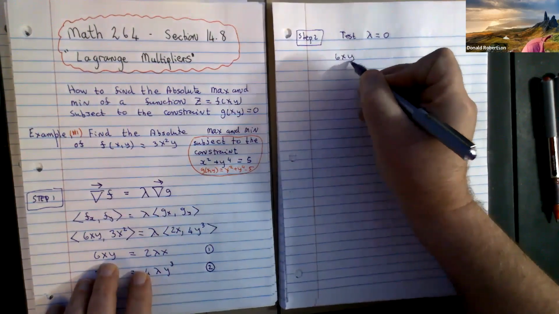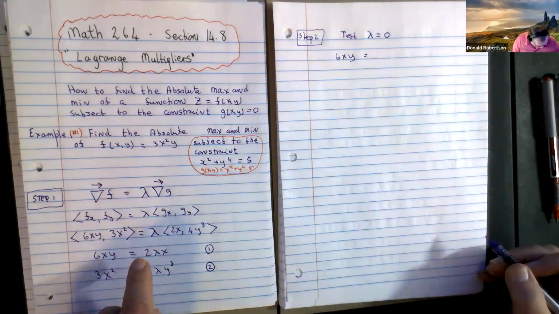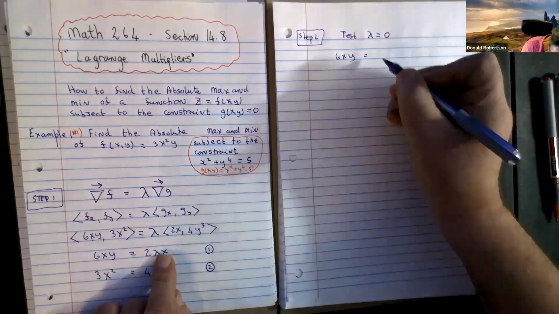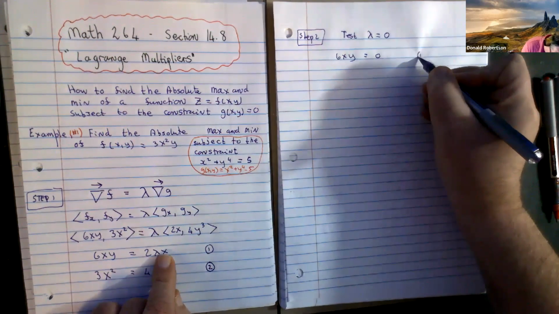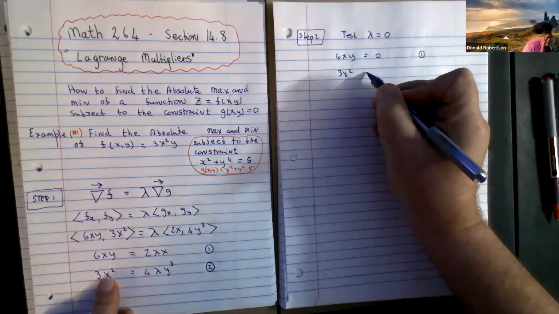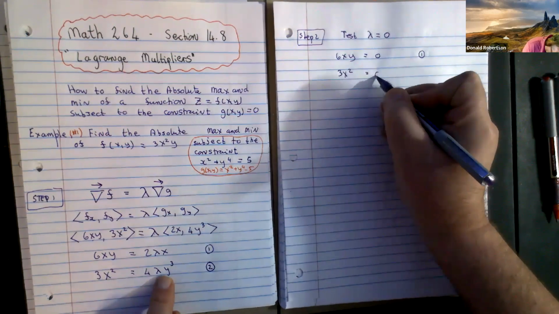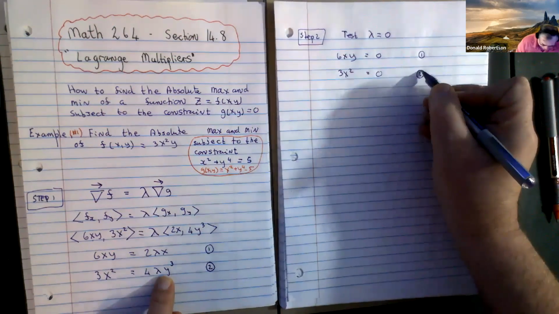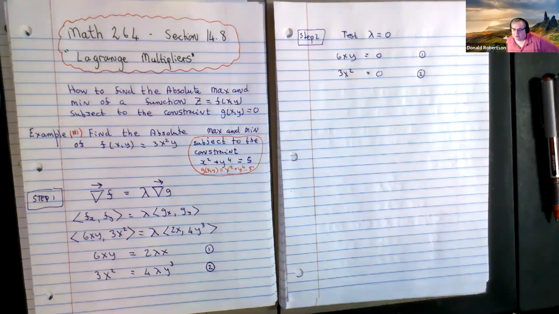Equation 1 becomes 6xy equals 2 times nothing times x, which is nothing. I'll call that equation 1. And then the second one is 3x squared equals also nothing. Now, I'm going to try and see if I can find solutions to this problem.